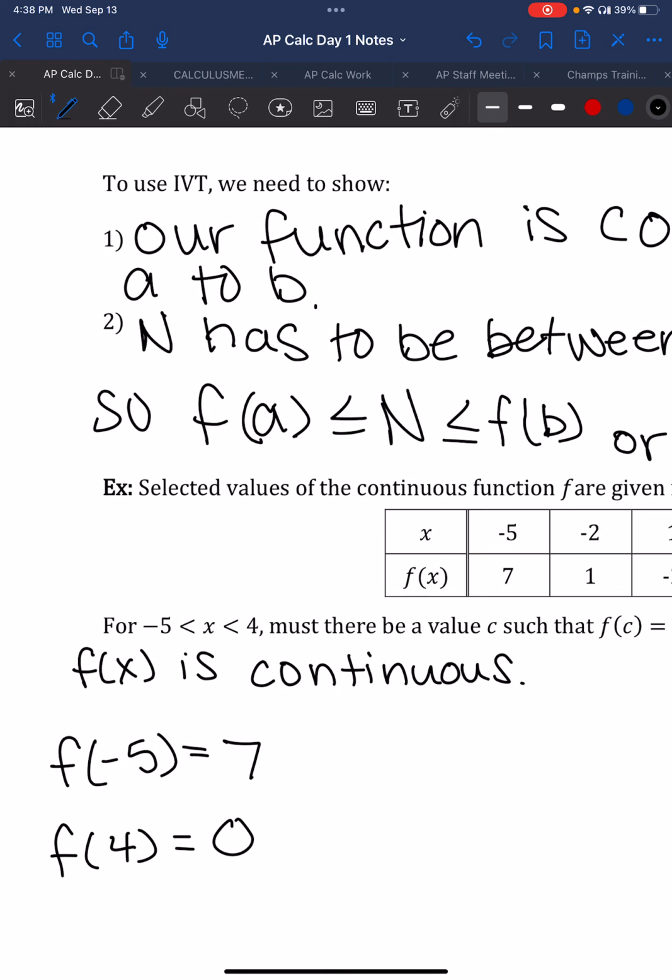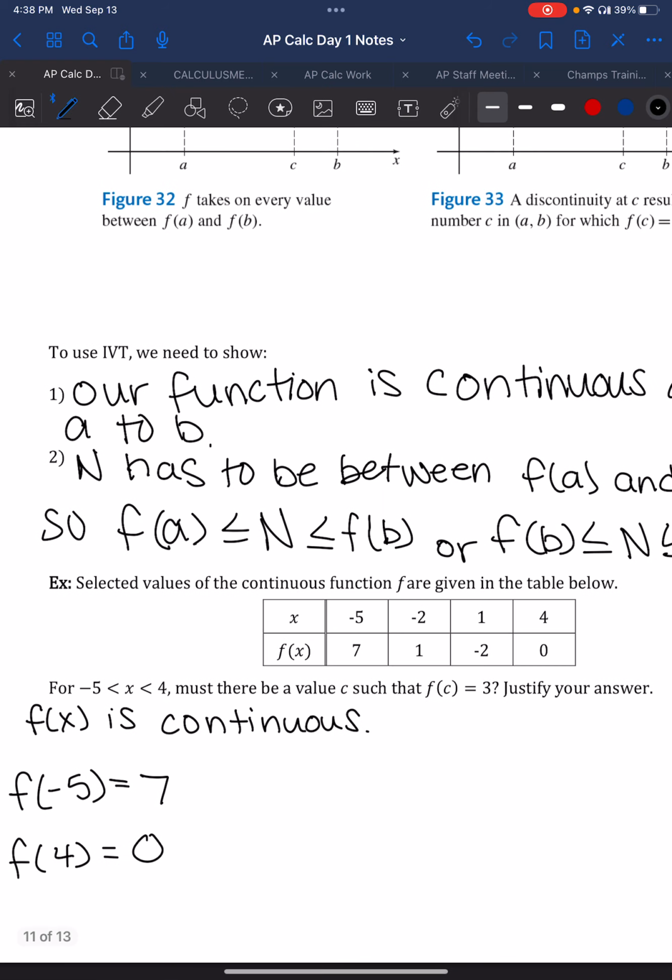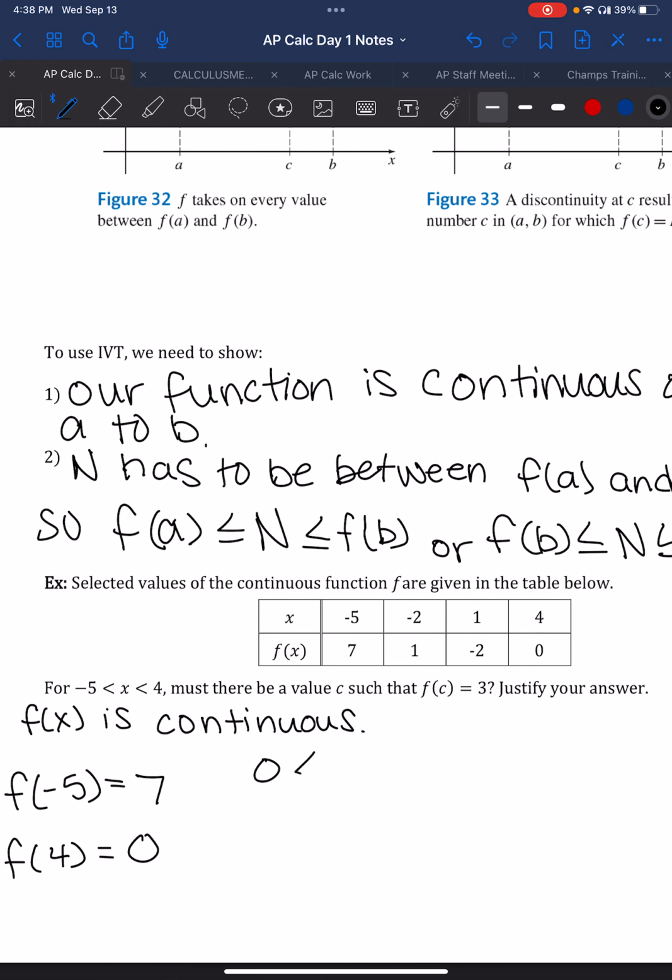So now that we have this, I can go ahead and make the statement 0 < 3 < 7. We are now claiming that our y value that we were looking at is in between those endpoints. So our function is continuous and the value we want is in between our endpoints.